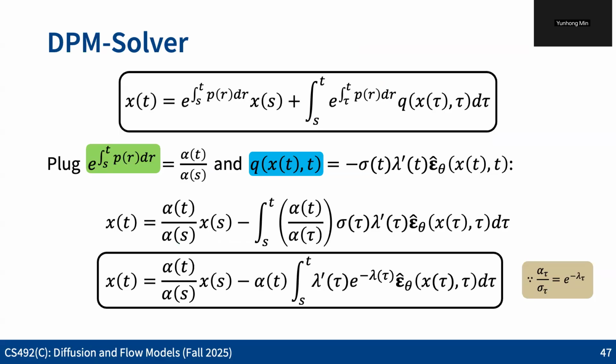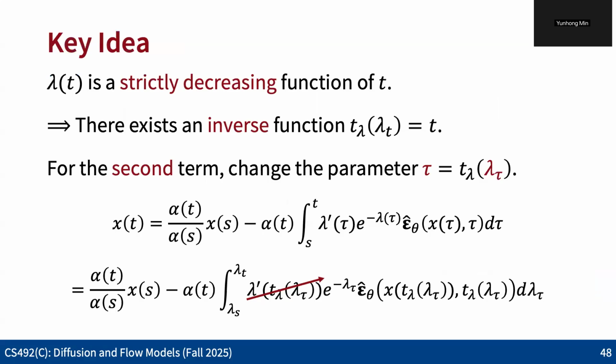One key idea here is that we are going to further simplify this by reparameterizing the integral terms. This shows the reason why we are introducing the lambda function here, which is half of the log of the SNR.